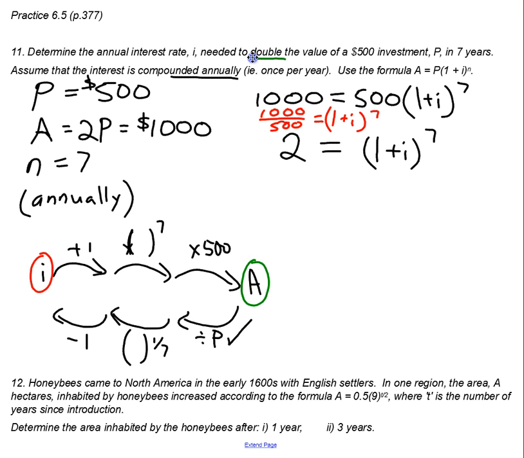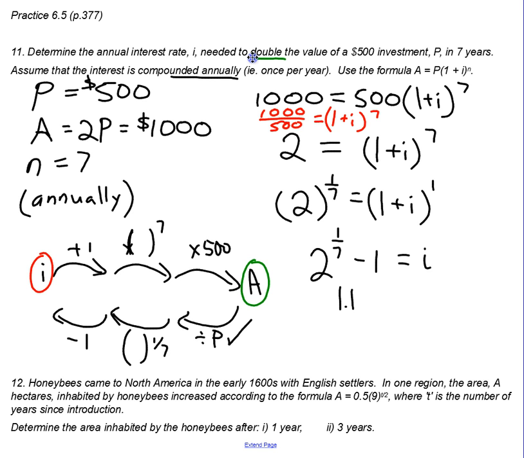So in reverse, first step I've done, I've divided by the principal value. Check that off. I'm going to now take that and raise it to the exponent 1/7. That's going to cancel out the exponent of 7 and give me exponent of 1. And then finally, I'm going to subtract 1. And that will give me I. So 2 to the exponent 1/7 is about 1.104.